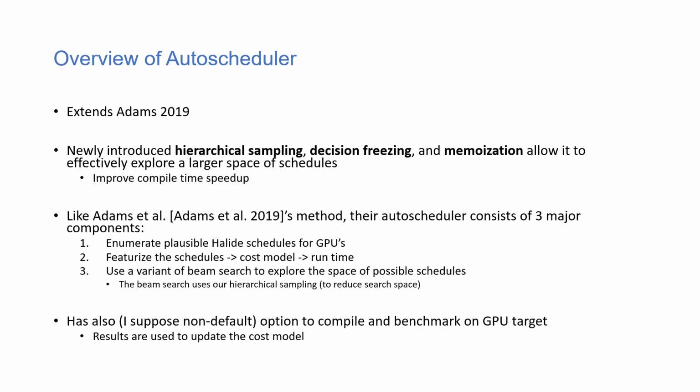Basically, it extracts the features of the schedules and feeds them along with the algorithm to the cost model, and the cost model predicts the runtime. I wonder if it can also predict memory or energy efficiency, but I guess that's trivial.